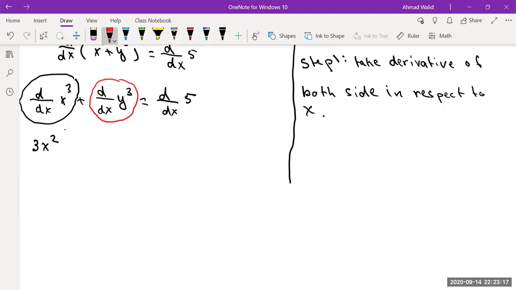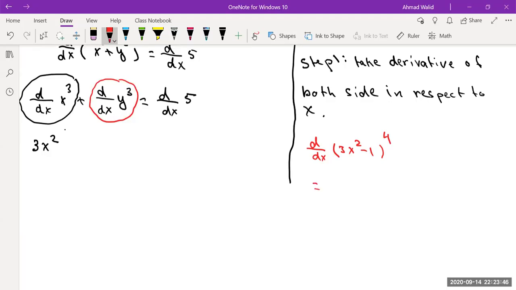Let me put a kind of symbolic form here for you. Let's say I look for the d over dx of, let me put a function here, for example, 3x squared minus 1 to the power of 4. In my previous lecture, which was the chain rule, we learned how to deal with this function.